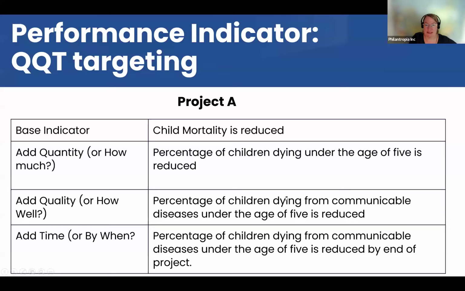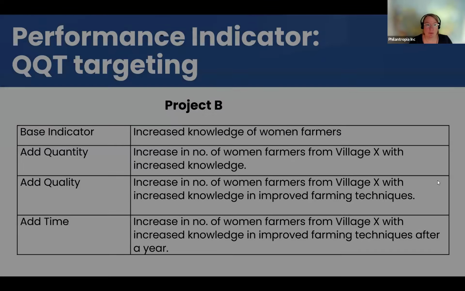So in this case, communicable diseases, not just the mortality rate in general, but by what specifically, by those diseases, and time, by the end of project, by the end of year, by a specific time. So those quantity, quality, and time are the factors that you add to the base indicator to get a proper indicator that you can measure on, you can report on.